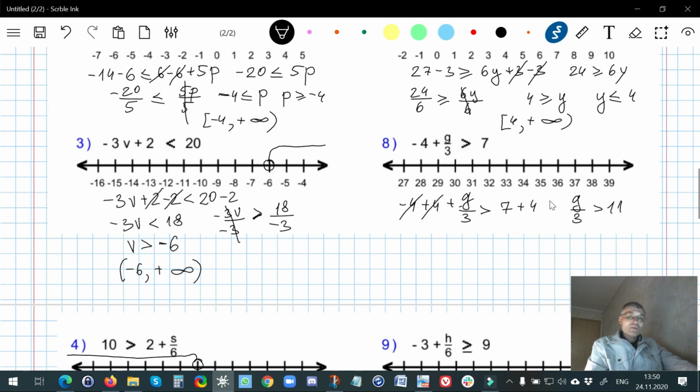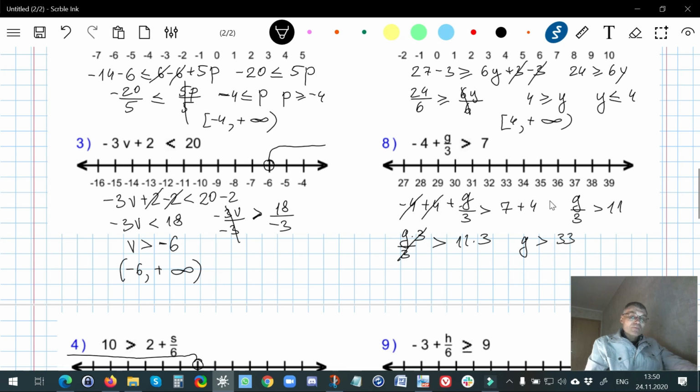And then we have to multiply by 3, and we don't change the sign because 3 is positive. g over 3 times 3 is greater than 11 times positive 3. Here it cancels. g is greater than 33.